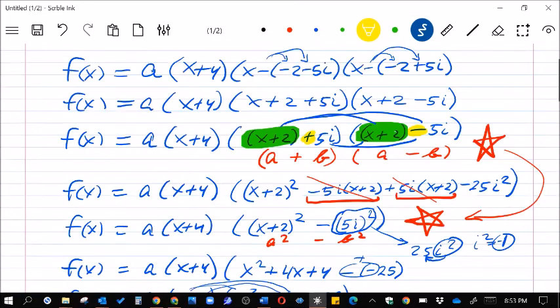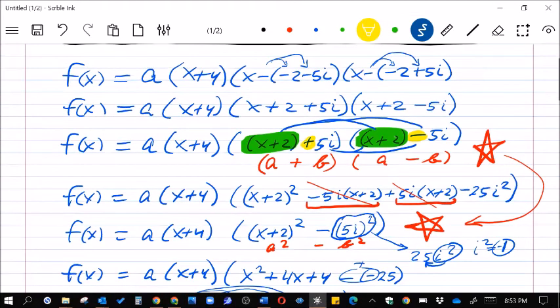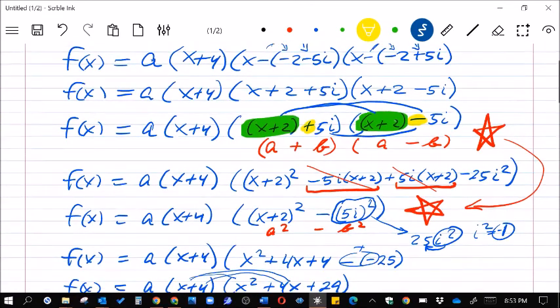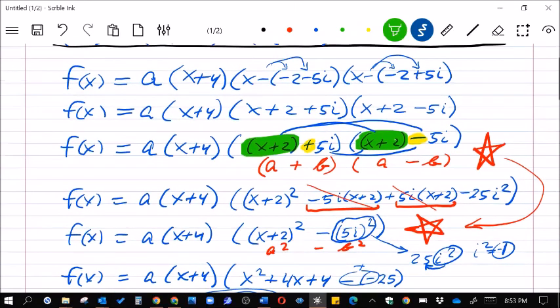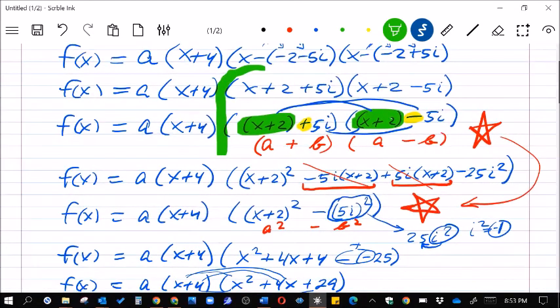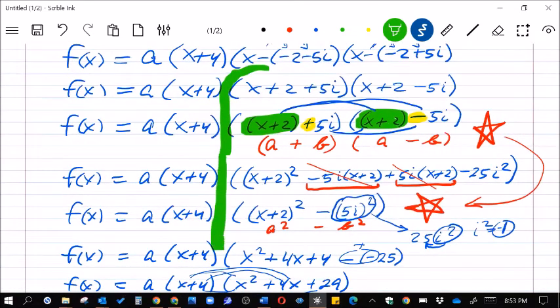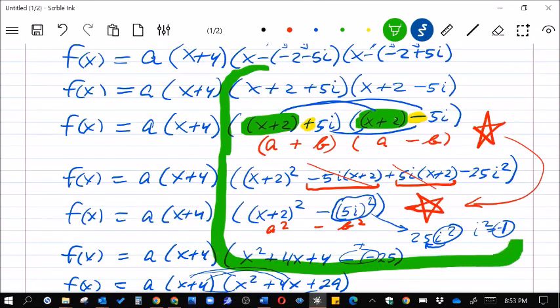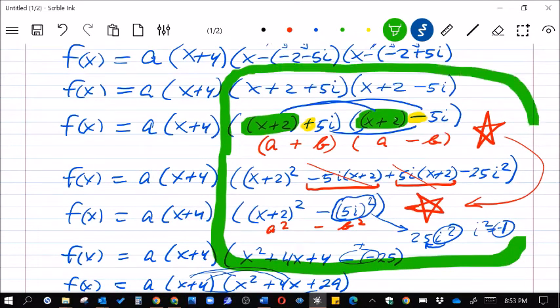Now, the key to this whole thing is back up here. It's all of this to recognize what you're doing. So this is where, even though you have learned that a plus b times a minus b is a squared minus b squared, you haven't seen it used like this very often.